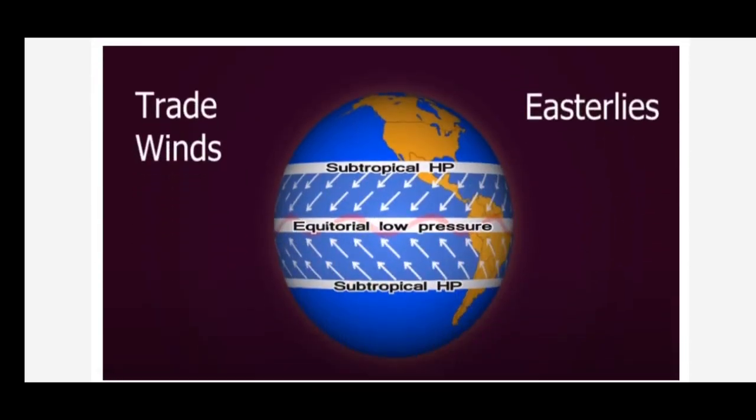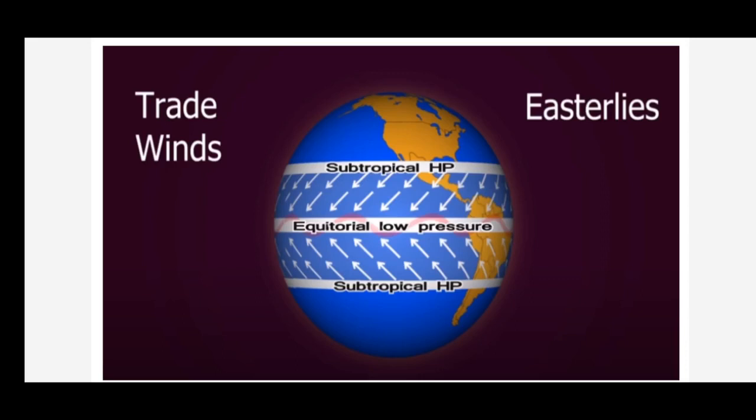As you all know, the earth has important pressure belts, and they are: first one, the equatorial low pressure belt; second one, the subtropical high pressure belt; and the subpolar low pressure belt. The region which lies between the Tropic of Cancer and Tropic of Capricorn is the tropical region.